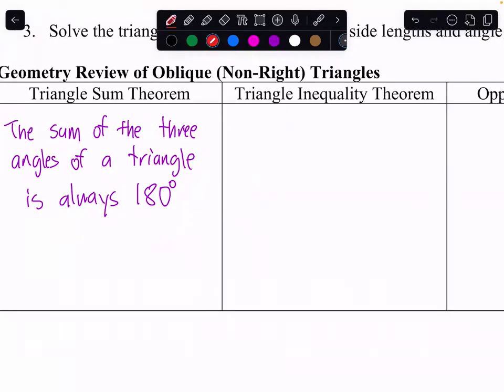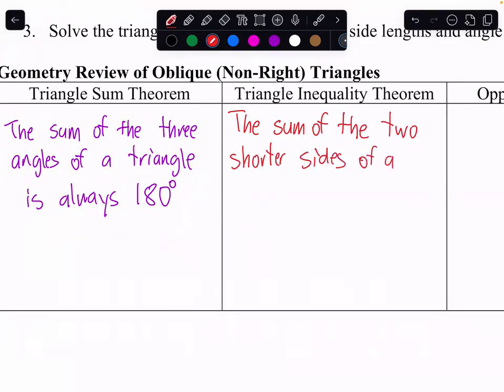Next we have what's called the triangle inequality theorem. This states that the sum of the two shorter sides of a triangle must be greater than the third side.